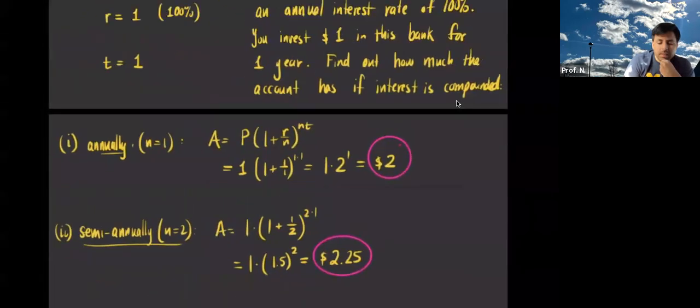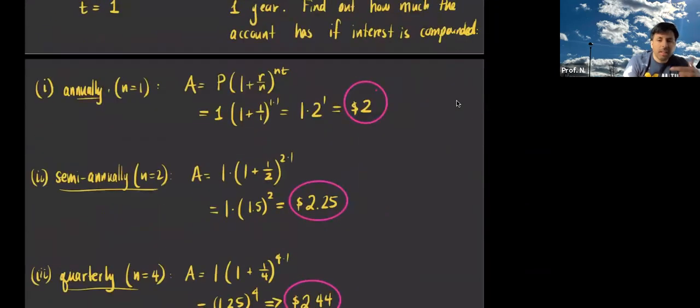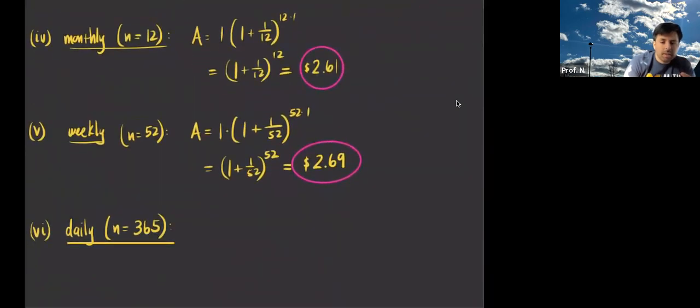That in this fictitious world in which it's a 100% annual interest rate, which is never going to happen in our life, and the number of times that we're compounding it, there is a limit. It's approaching some number. So our goal here is to figure out what that number is that we're approaching, if there is such a number. We could be wrong. It could be increasing every single time.